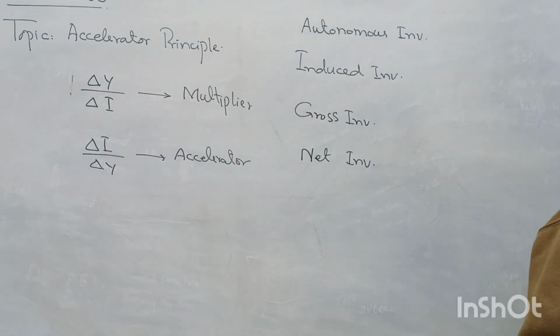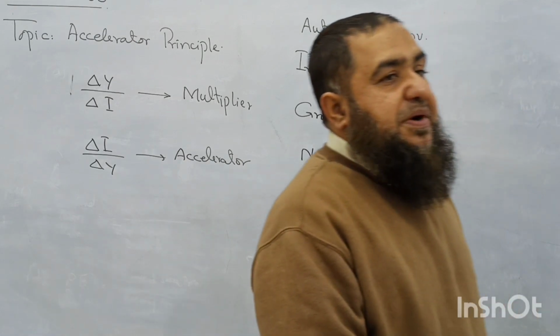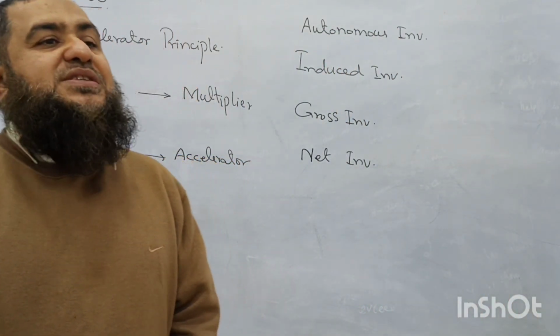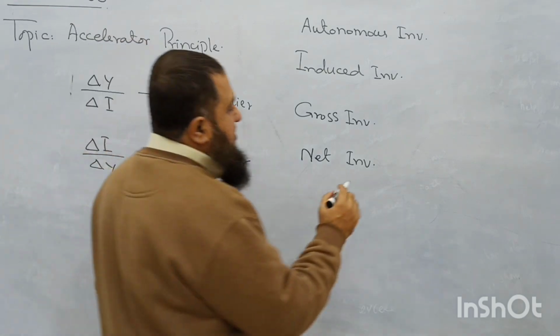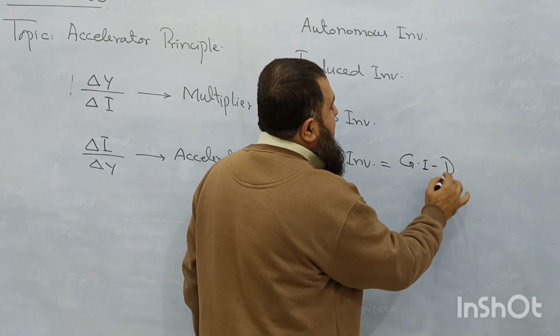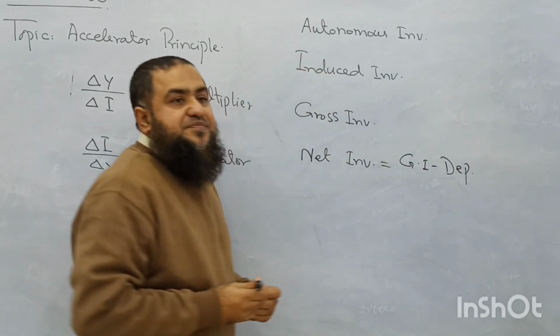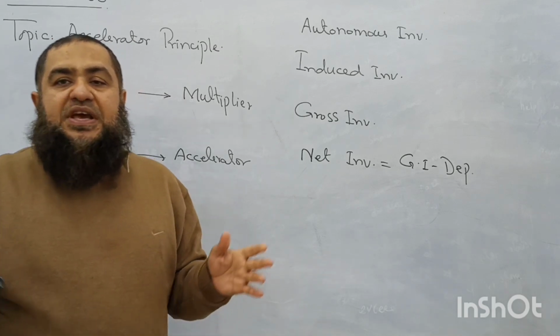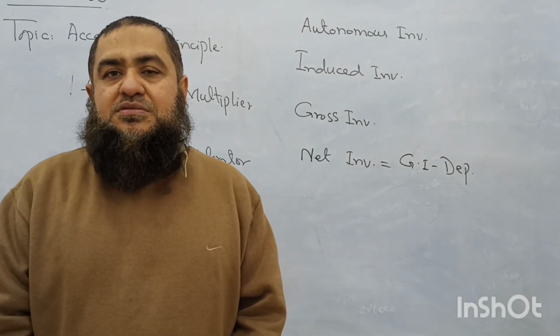This is the total number of capital goods which are produced in a given year. So that is called gross investment. And what is net investment? Net investment means gross investment minus depreciation. Depreciation means the wear and tear of the capital goods.